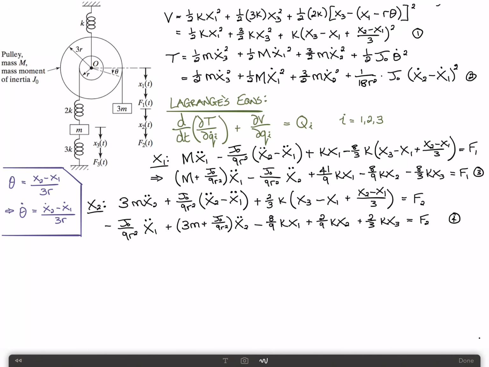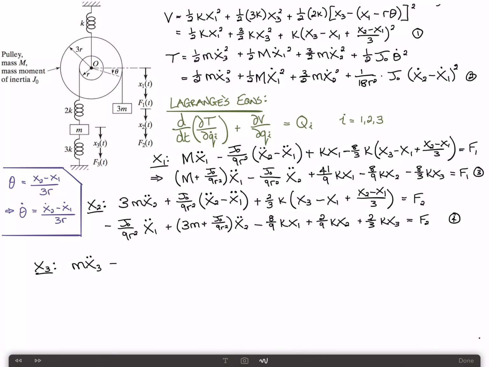Okay, so the only thing left is to do the last equation for coordinate x3. If I take the derivative of the kinetic energy with respect to x3, it's only that term there, so that's easy. That's just m x3 double dot, minus the potential energy with regards to x3, which comes out in both those terms.